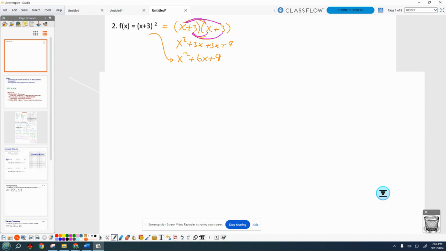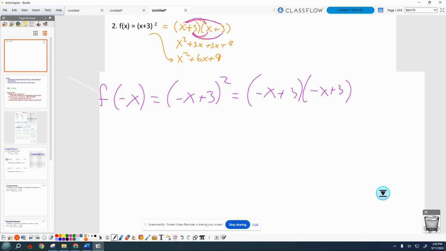So Zara, what do I need to test to see if it's even? I'm going to put a negative in where the x is. Okay, so Byron, how do I do negative 3 plus x times negative 3 plus x? First times first is x squared. Is x squared positive or negative?